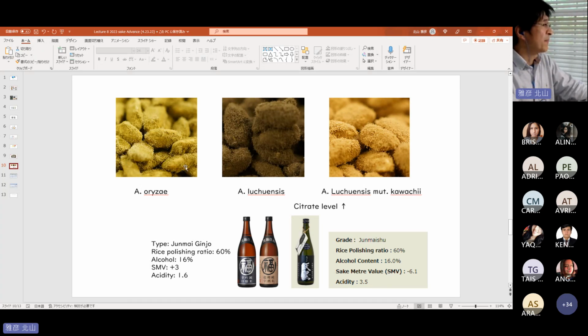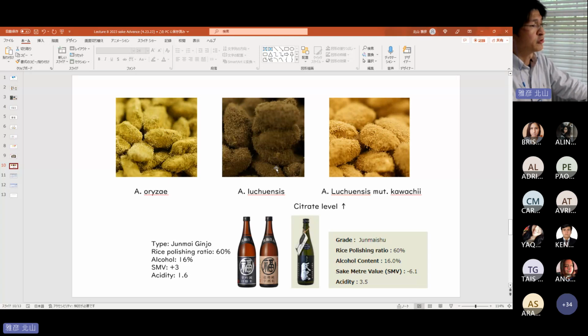Usually we use yellow-colored Koji fungi for sake making. But these fungi, whose color is black, have been used for making distilled sake.